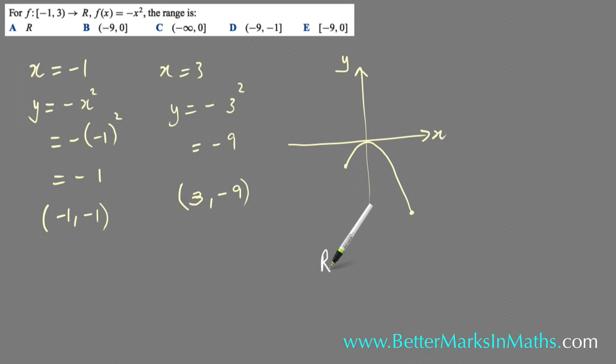So for the range, the highest value is going to be y equals 0, and the lowest value is going to be this value down here, which is this set of coordinates. The y value there is -9, so that's the lowest value on the graph, and the highest value on the graph is here at the (0, 0) point, where y equals 0, and that point is included.